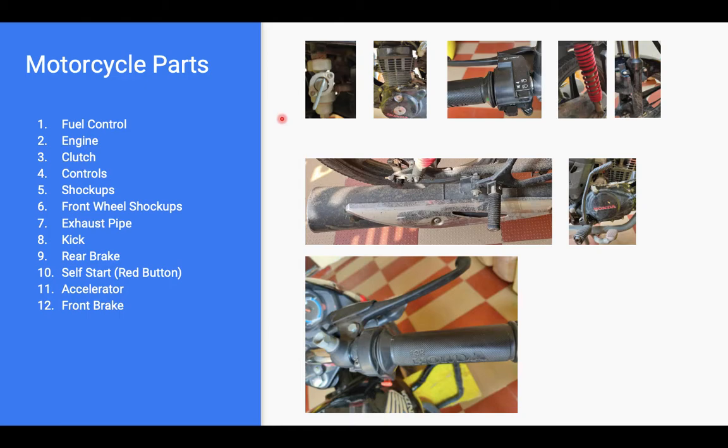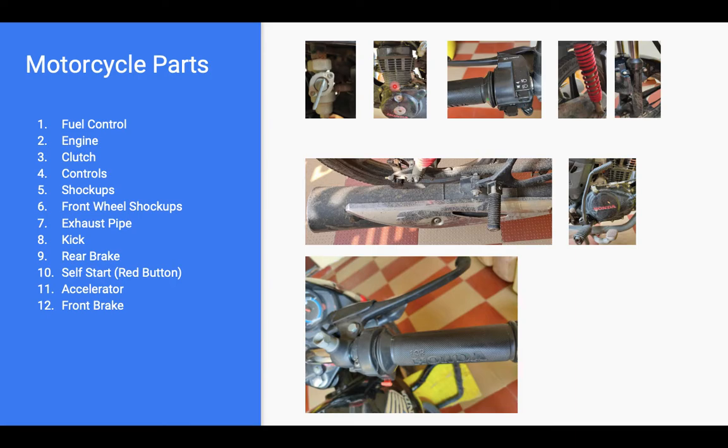Fuel control is a valve that controls the gas flow. In older bikes and some of the newer bikes, it usually has two or three settings: one is reserve, second is on, and third is off. Then this is the engine of a motorcycle.